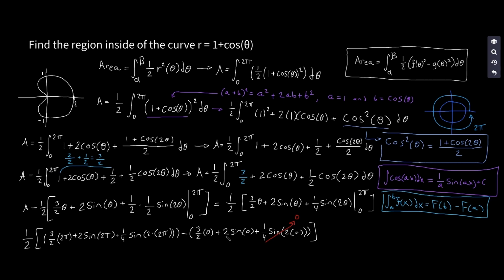Sine of 0 is 0, times 2 is also 0. 3/2 times 0 is 0. Now sine of 4 pi: let's look back at our unit circle. The unit circle has a 0 right here. One full revolution, 2 pi, is also 0. Another full revolution, 4 pi, is also 0. So this whole term just goes to 0.